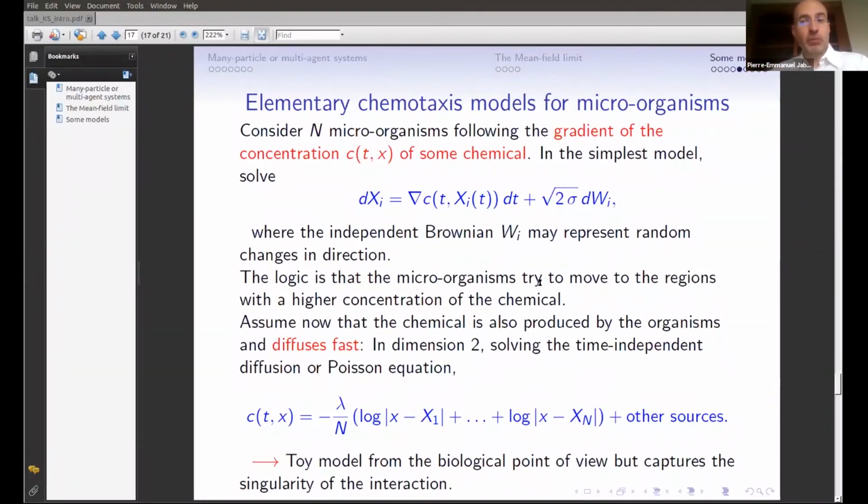So in a more complicated model, we should still expect that when microorganisms are close, for instance, their interaction should scale in a manner that is relatively close to what we have here. And the second virtue is it's very simple to study the actual limit.